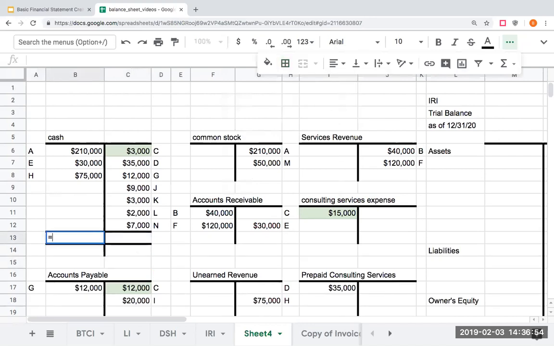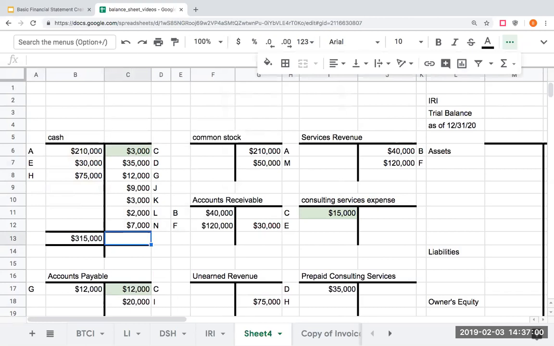Okay, here, so for cash, the first thing I'm going to go through and do is sum up my various different amounts. Now, when I'm using T accounts right here, I'm taking my total debits and I've got my total credits. This is just a sum here of everything that I've gone through and paid for. This is a sum here of the 210, 30, and 75.